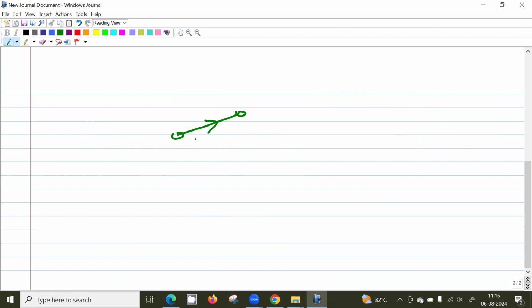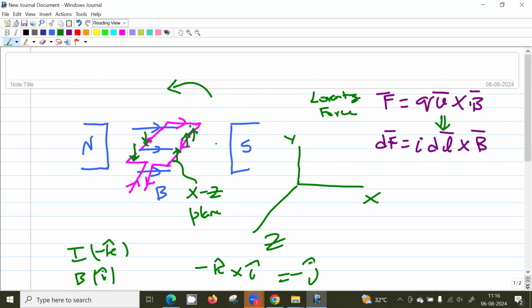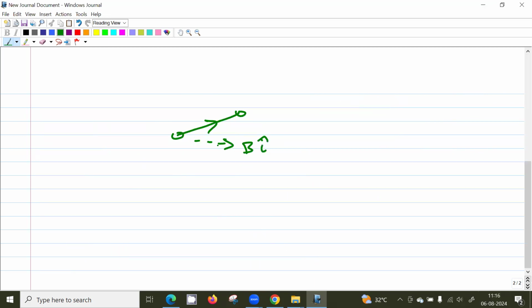Now the B direction is towards the right, B is i cap, and the current is in this XY plane. So I dl cross B: here the force will be I dl cross B, which will be into the plane.